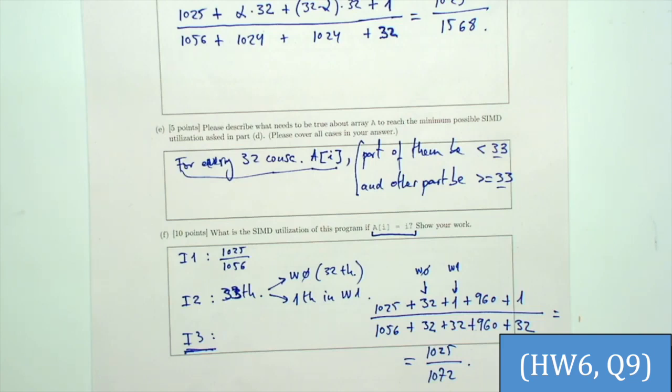If we tell you to assume dynamic warp formation in the way it was explained in the lecture, then you will need to worry about whether they are in the same lane or not. Another possibility could be that lanes can migrate, but in principle, don't worry about that.